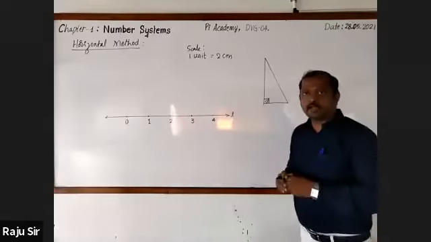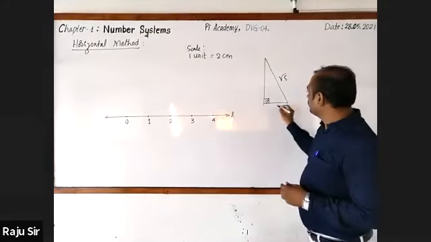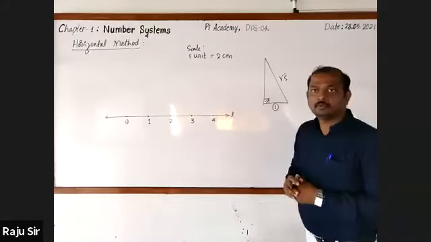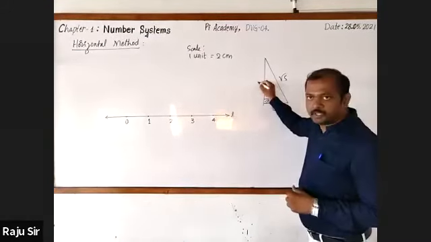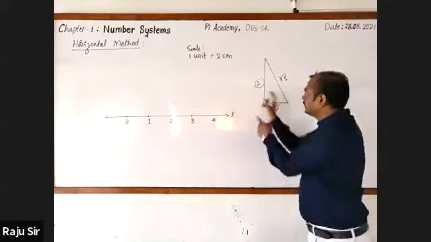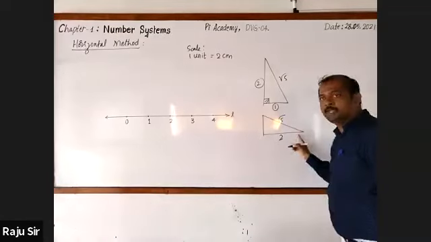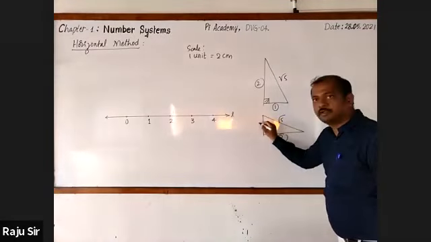In the right triangle, if you want to get to root 5, as you know that one side should be 1 unit, another side should be, could you tell? 2 units. Right? Can we go for taking in the reverse order? To get to root 5, can we take this as 2 units and the perpendicular as 1 unit?